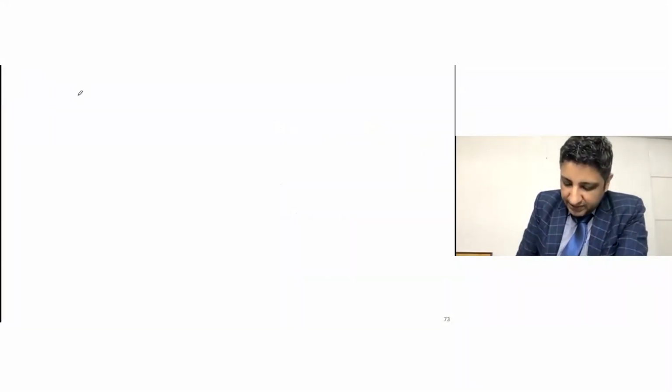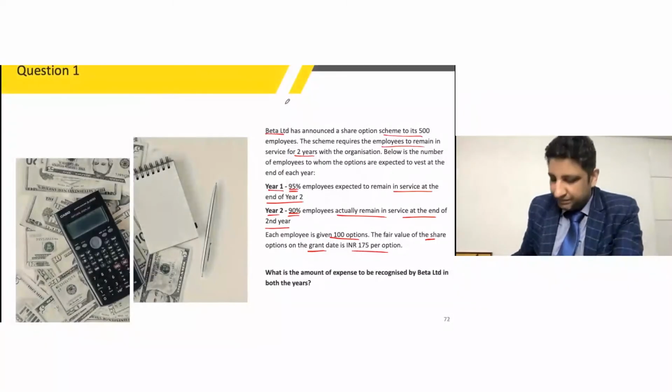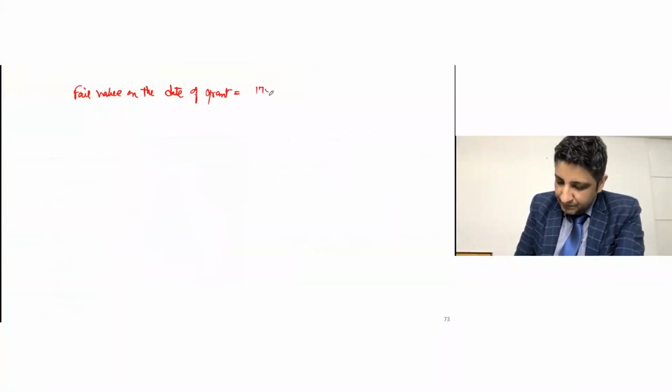One is, of course, you look at the fair value on the date of grant. That is given to us at 175 rupees. You look at the number of options for each employee.